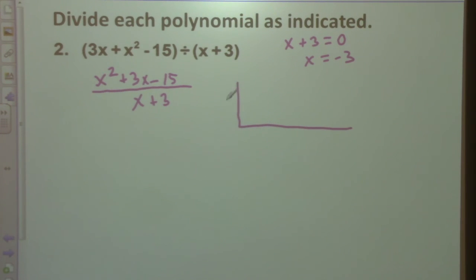And then there are different ways of doing this. I like to just make a synthetic division bracket like this and place the value of the 0, which we got from here, on the outside. On the inside, in order, we press 1x squared, 3x, and minus 15. And then we bring down the 1, and so we have 1, and this is what's called the x squared place.